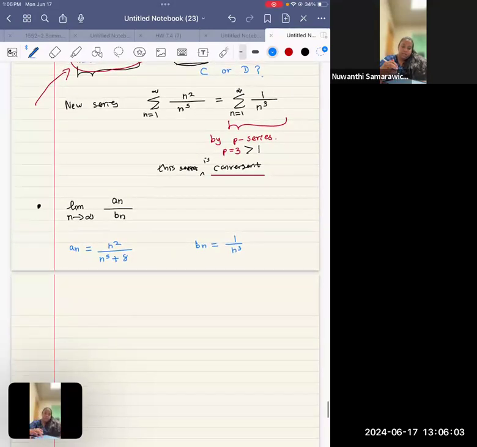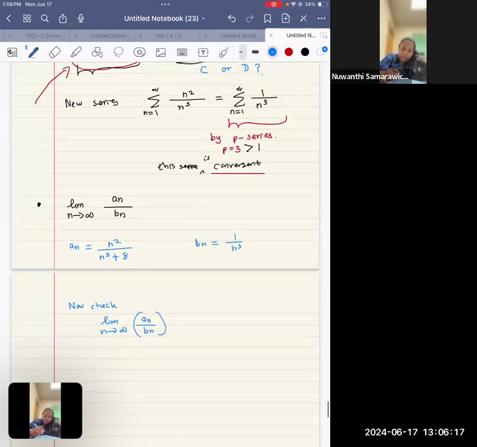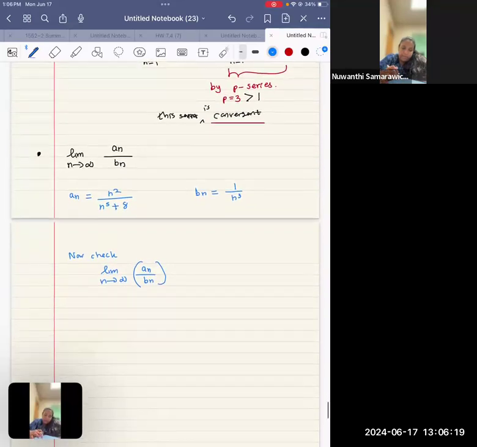So now check. Limit as n approaches infinity of a sub n over b sub n.